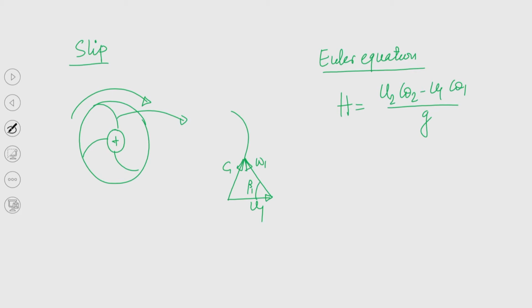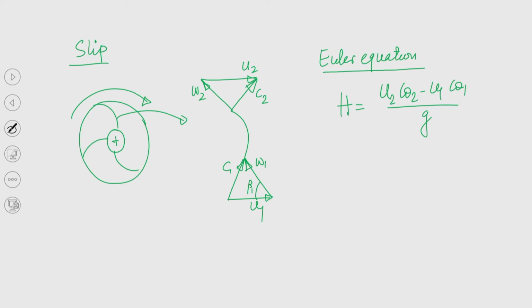Similarly, if you try to draw the velocity triangle at the outlet, this is the relative velocity of the liquid or fluid which is leaving the pump impeller, this is w2, and this is u2, the tangential velocity at the blade outlet, and this is the resultant, that is the absolute velocity.